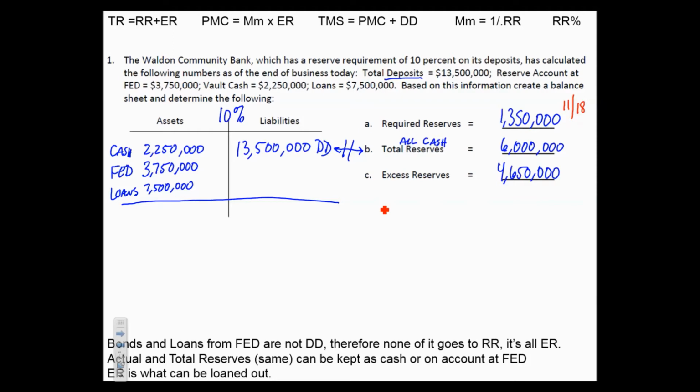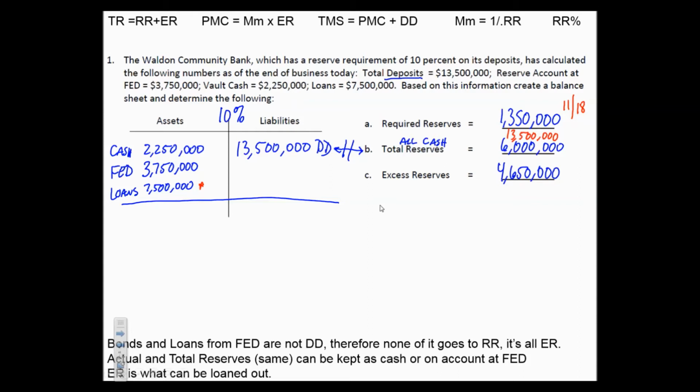But maybe about a week ago, the required reserves were still 1.35 million, but the total reserves could have been 13.5 million, okay? Which means at one point in time, their excess reserves would have been that difference. But since about a week ago, they've loaned out 7.5 million of those reserves. So that's why they're not there anymore, okay?